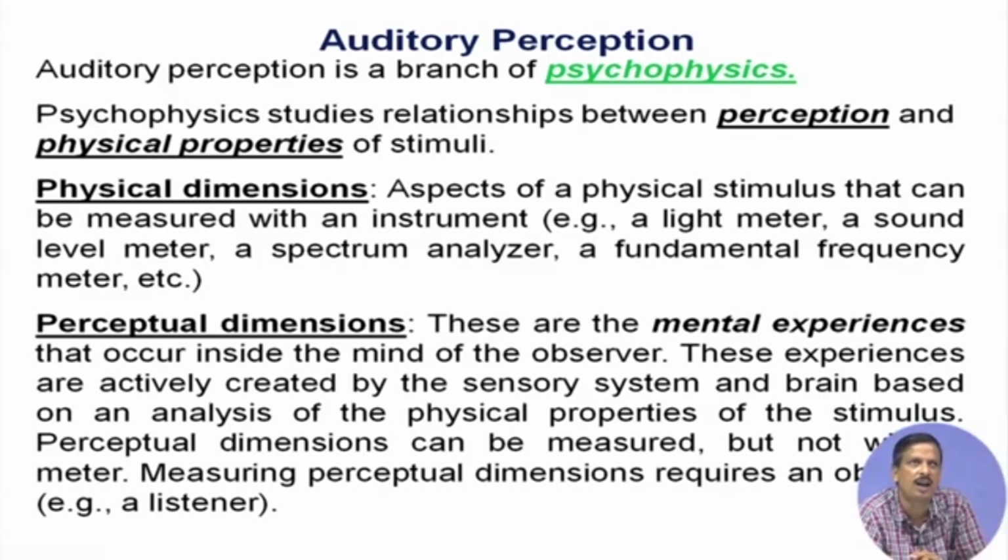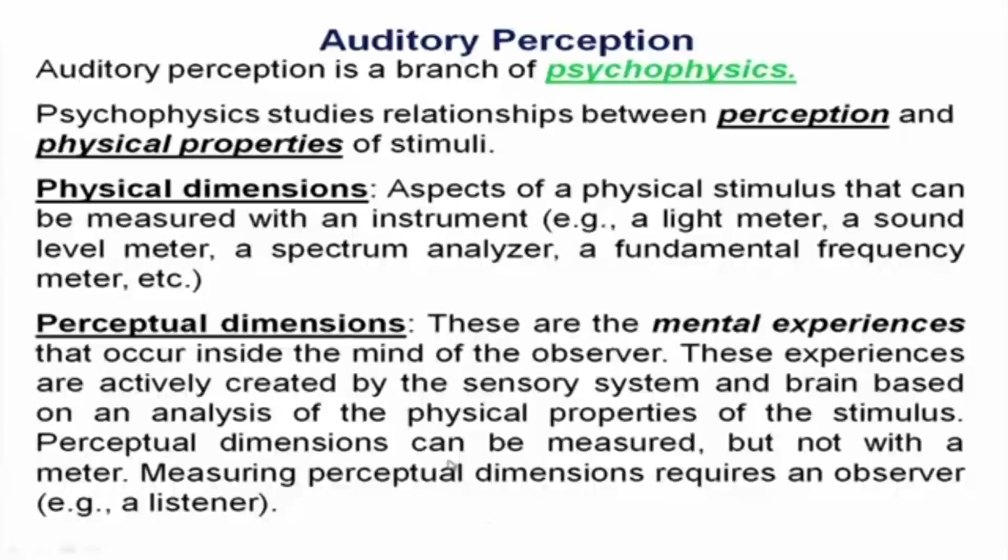So, perception and physiology, and the physical property of stimuli. The physical dimension, as we have said, is measurable, but the perceptual dimension is a mental exercise, or you can say physiological output. If I am excited by a physical stimulus, based on what kind of output I observe, I can measure the perceptual dimension parameter.